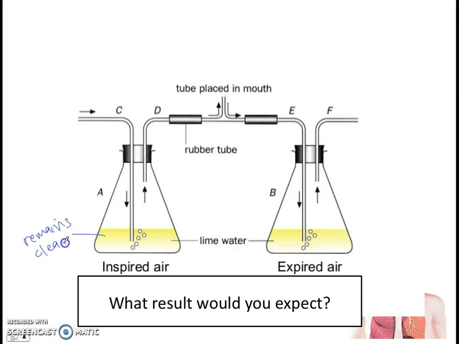Because the percentage of carbon dioxide in inspired air is very low, only about 0.03% carbon dioxide. However, in flask B, where expired air is being blown and bubbled inside here, there will be a white precipitate formed in the lime water, right? Because there's a higher percentage of carbon dioxide in expired air, about 4%.